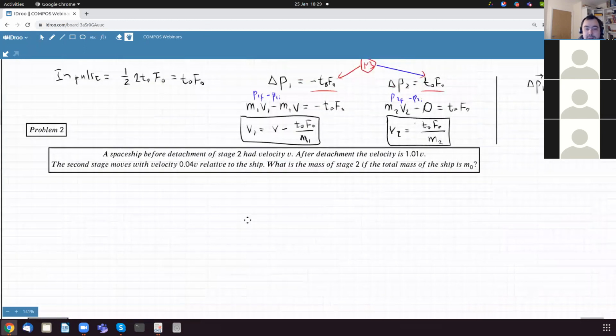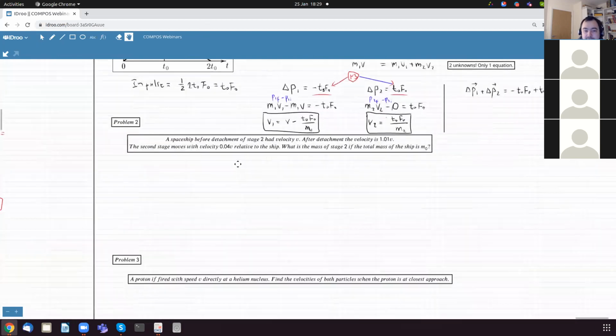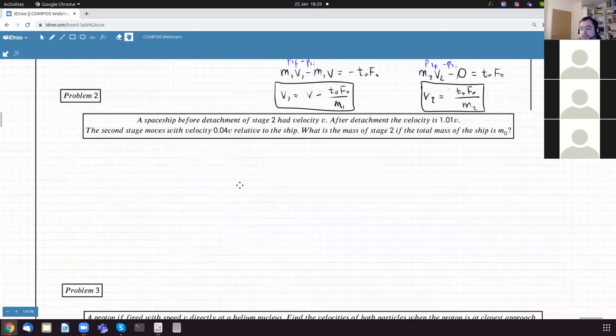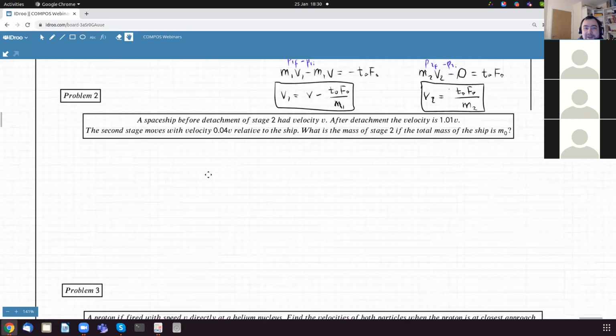Okay. Now I have to say these problems are generally a tiny bit harder than the stuff in the assignment. So that is good news for you, I guess. So problem 2, a spaceship before detachment of stage 2. So a spaceship usually consists of several stages.